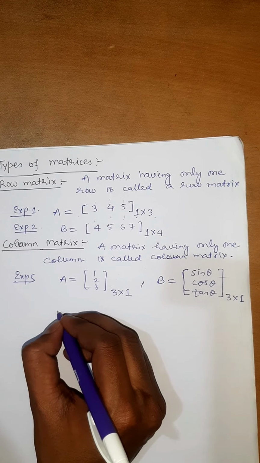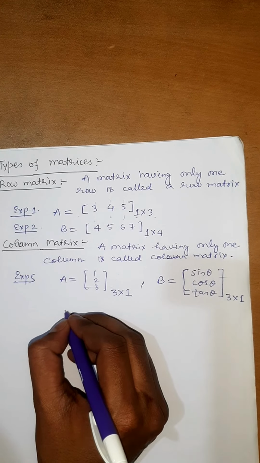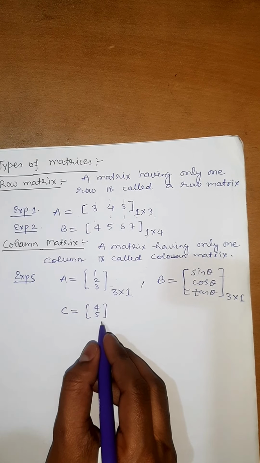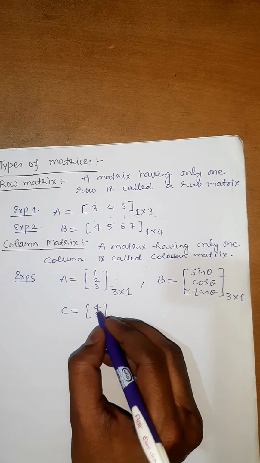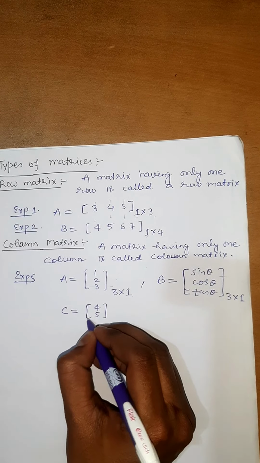Now one more example, C equal to 4 comma 5. So this matrix is a column matrix because it contains only one column. So this matrix is of order 2 cross 1 because there are 2 rows.